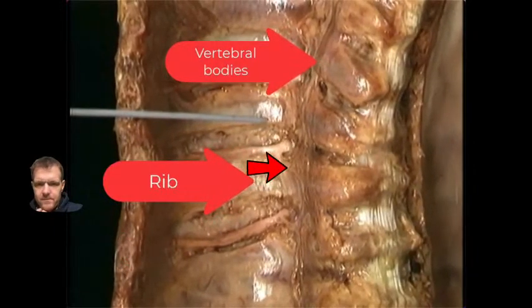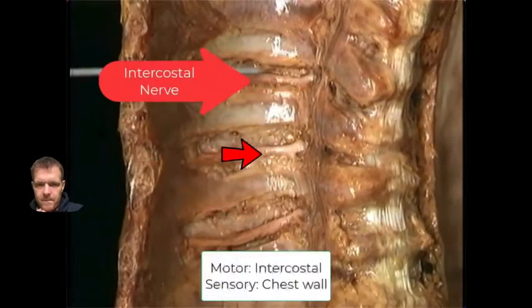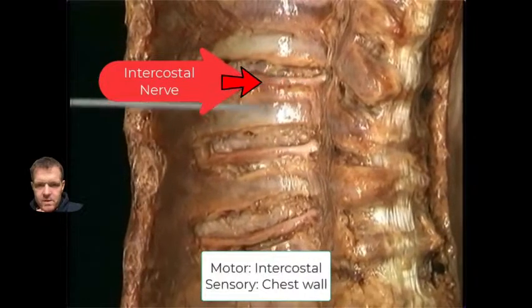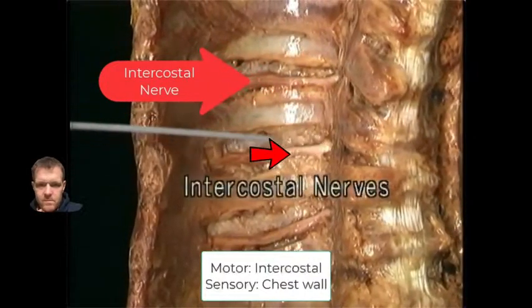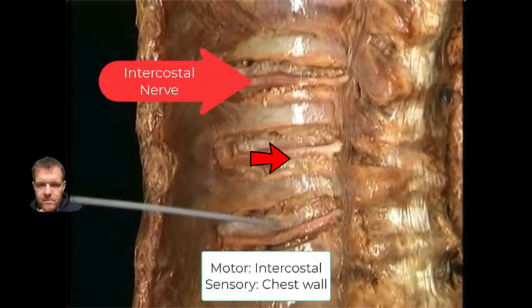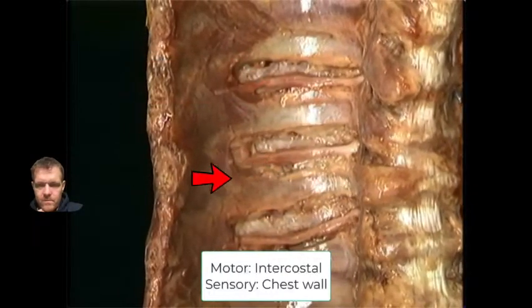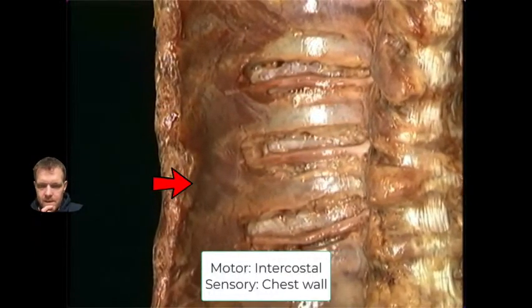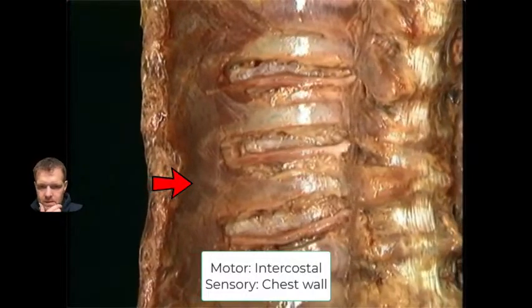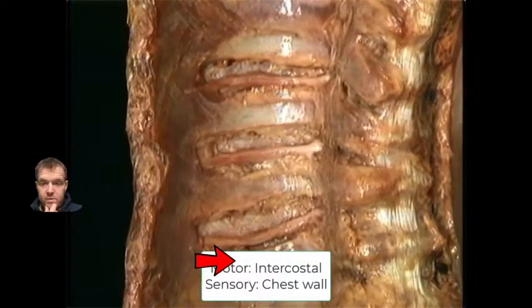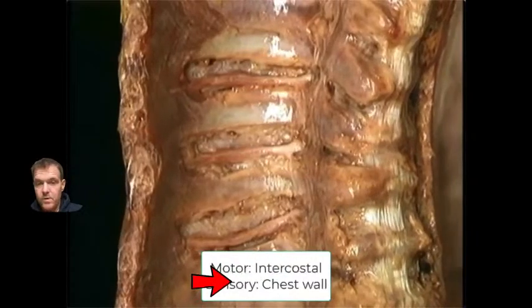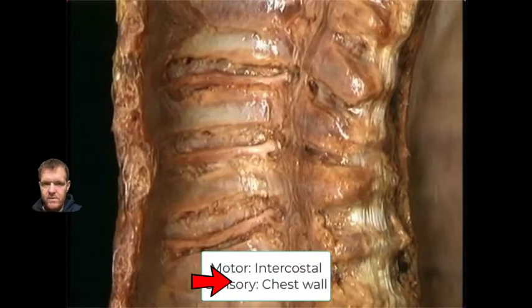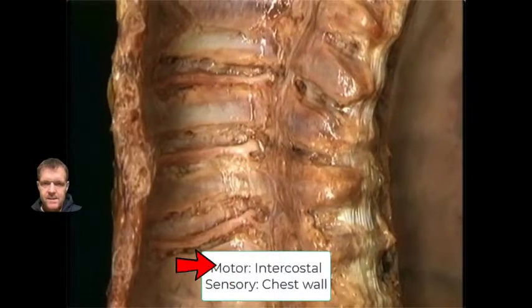There's a rib. And then there's your intercostal nerves, just there and there. Yeah, so they provide motor innervation for the intercostal muscles, but also sensory innervation for the chest wall as well.